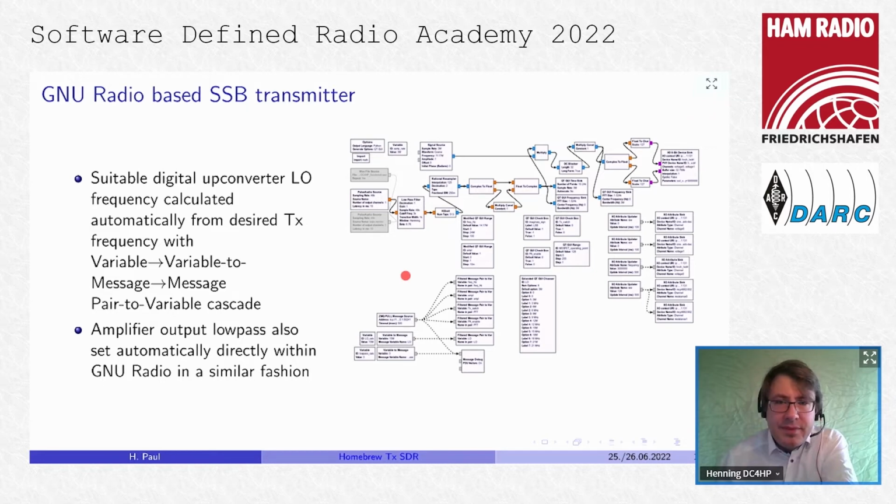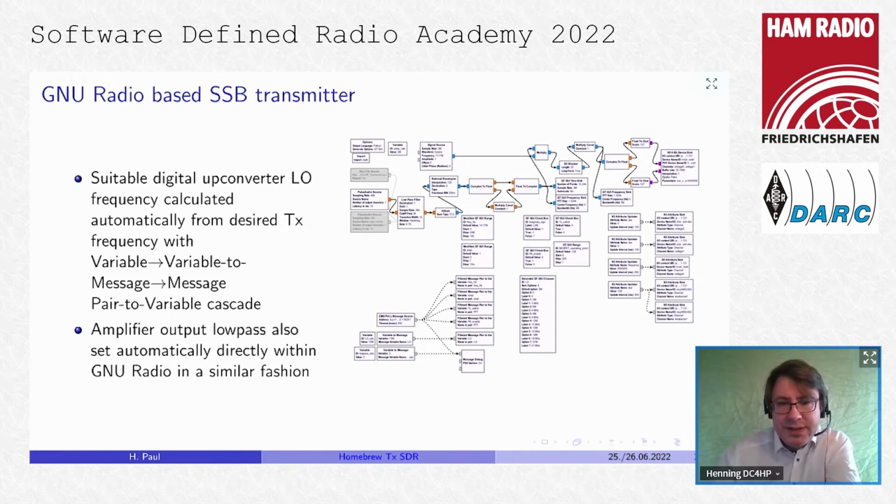I had the problem that I wanted to set one variable in GNU Radio in dependency of another variable. Looks like a straightforward problem, but I didn't find an easy solution, so I had to use a workaround.